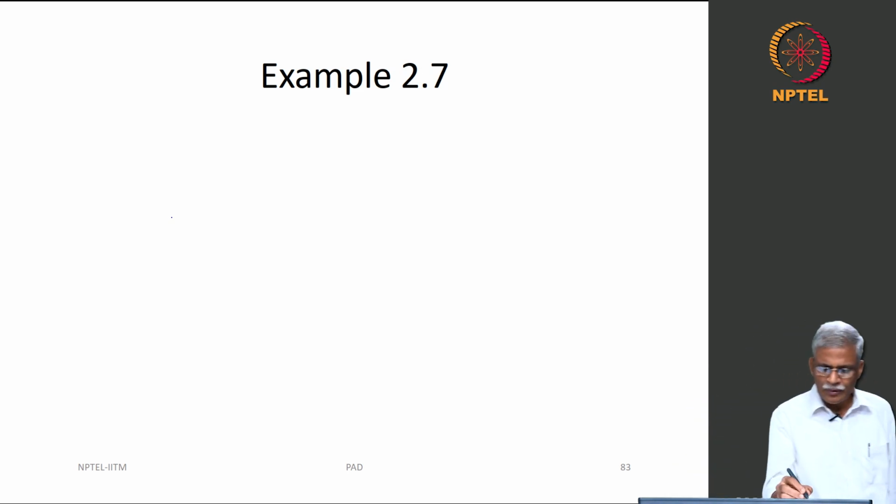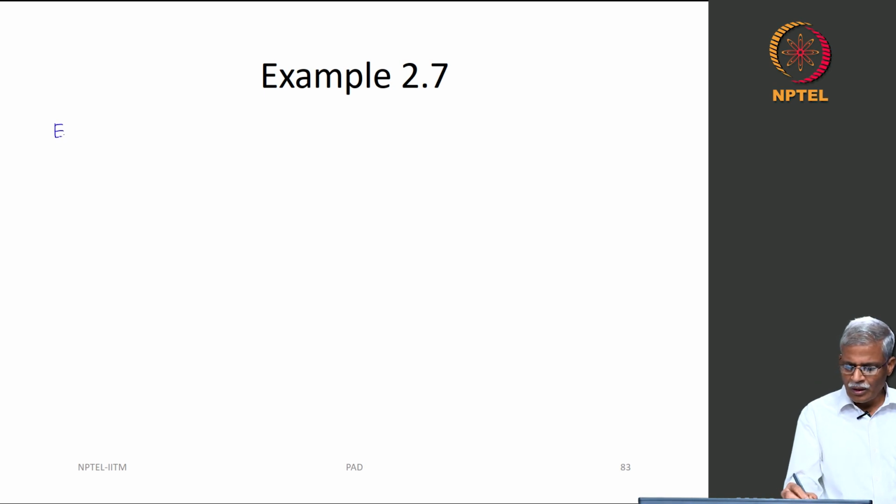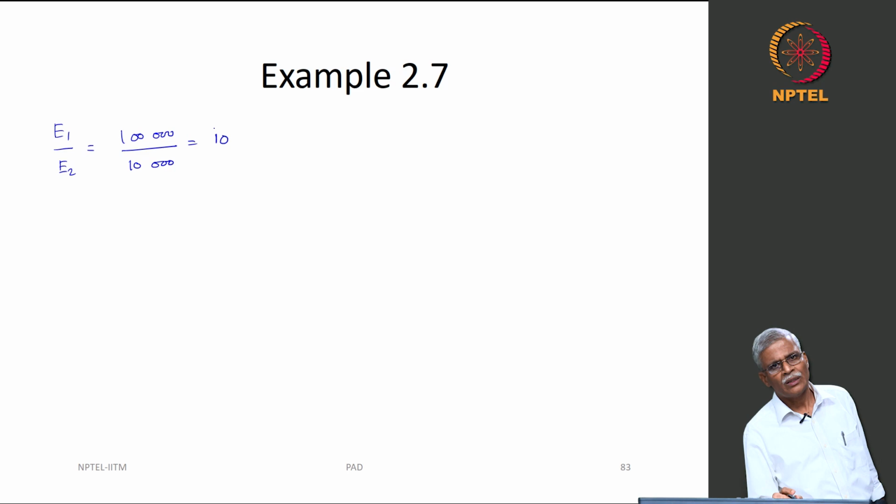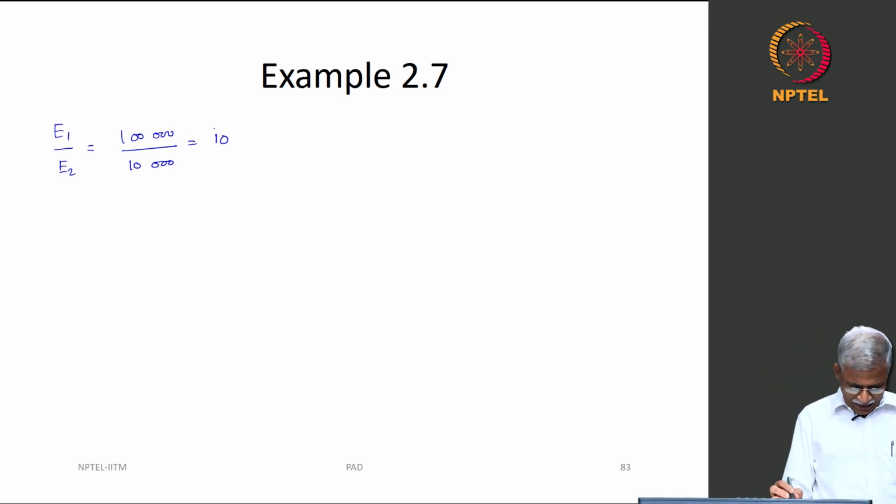You need E1 by E2. What is E1 by E2? 100,000 divided by 10,000. So, this is your E1 by E2, which is 10. So, immediately you know that we have a chart for 10.